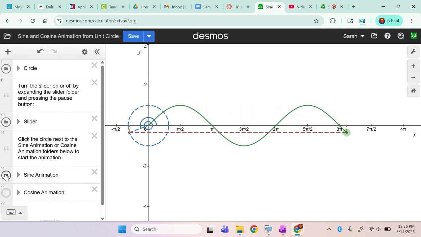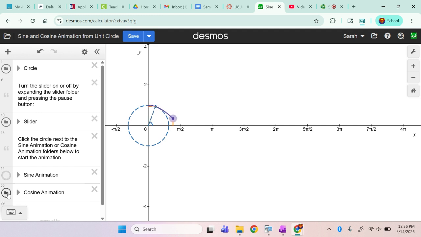Isn't it a kind of wavy looking graph? Now, let's do cosine. Here's my cosine function. The unit circle's still creating it. It's kind of going the opposite way a little bit. Now, how many times is it going around the unit circle before it starts over?